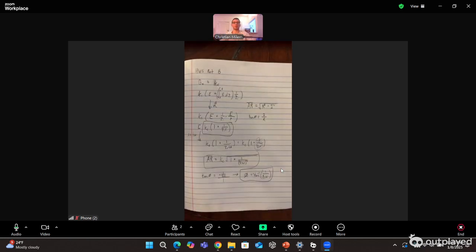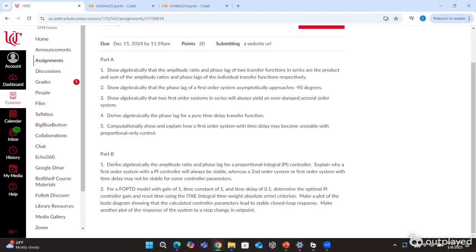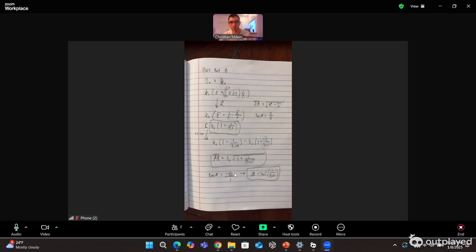That's this right here. Okay, so to answer our question, we got the amplitude ratio and the phase lag. That's good. So why will a first order system with a PI controller always be stable?